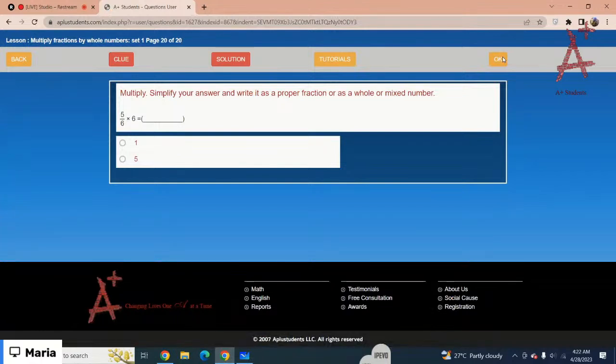So which is the correct option? Yes, you can cancel out the 6 and you're left with just 5.